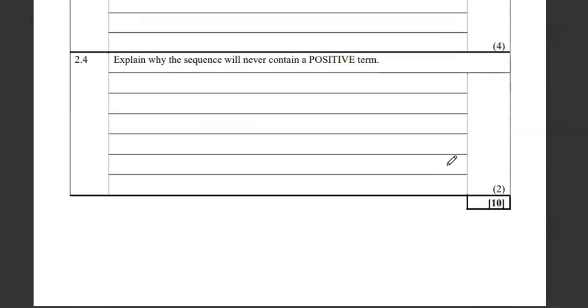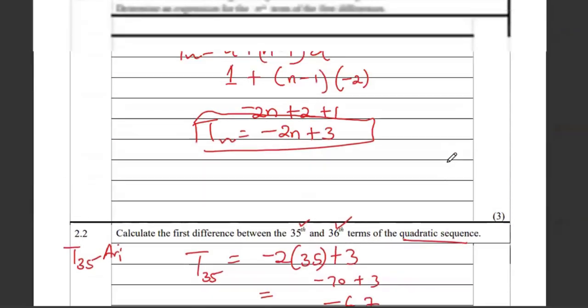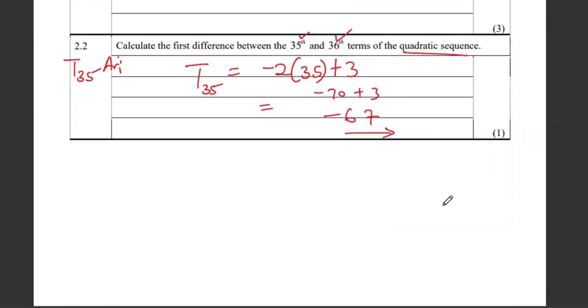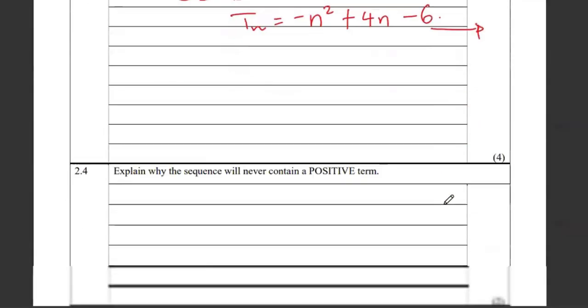Then they're asking us why the sequence will never contain a positive term. Now, what you can notice is that it starts low, then slightly goes up to -2, and then drops. So what this tells us is that this -2 is the maximum. And besides it being a maximum, this graph is a frown, because the a is already negative.